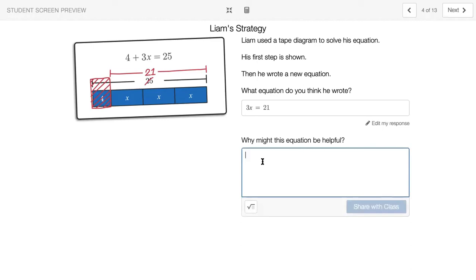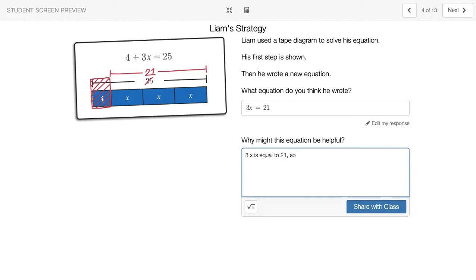And how do I know that? Why might this equation be helpful? It's helpful because once I've eliminated the 4, I know that 3x's is equal to 21.